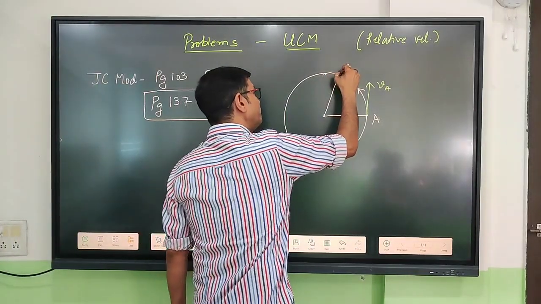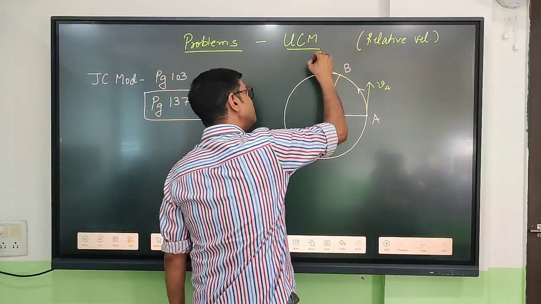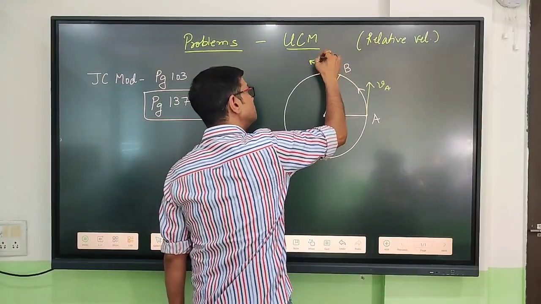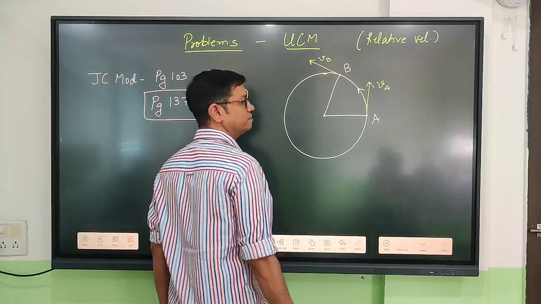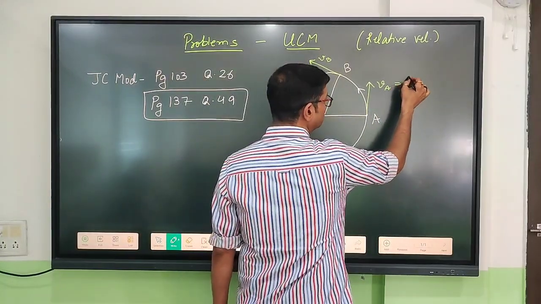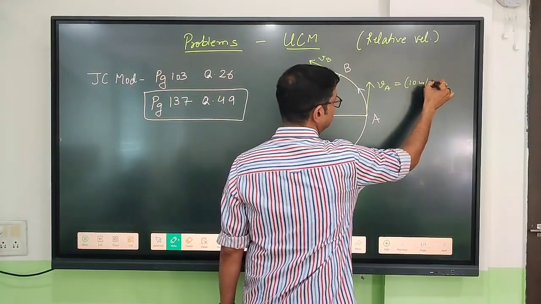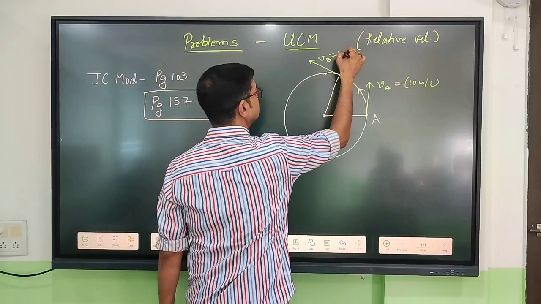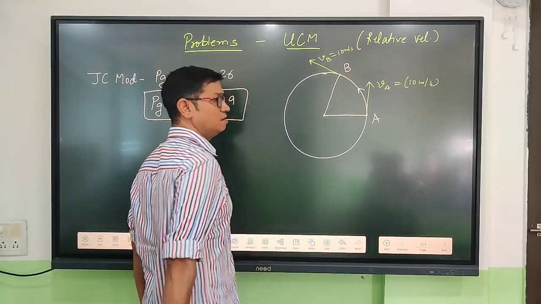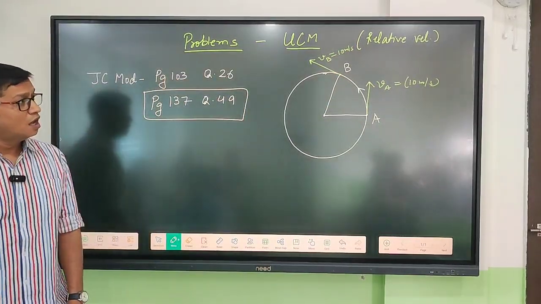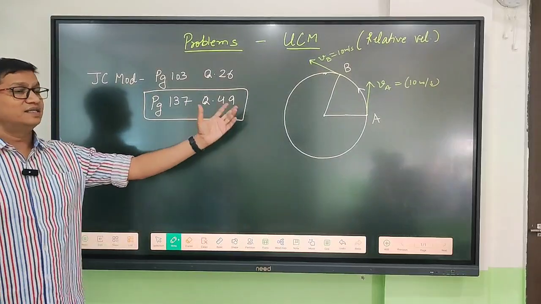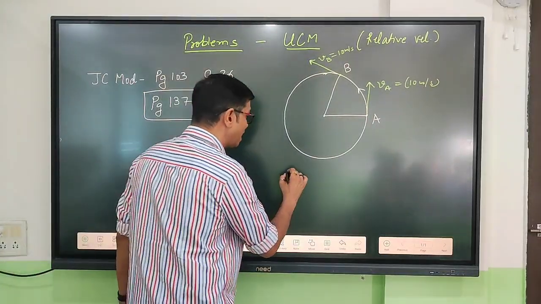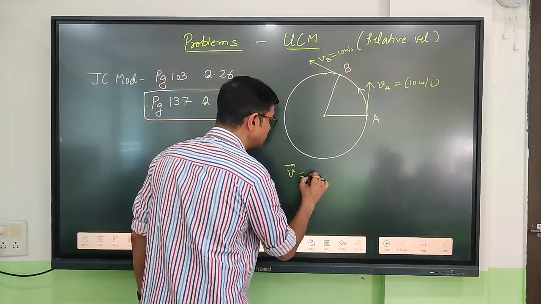Velocity at point B would be again tangential. Let's call it VB. In terms of magnitude, they both would be 10. But direction is different, so there is a change. Now we are supposed to find change. What? They are asking you to find this.